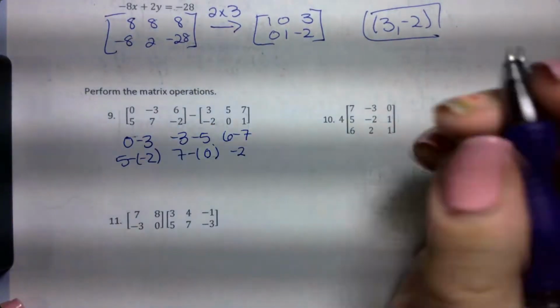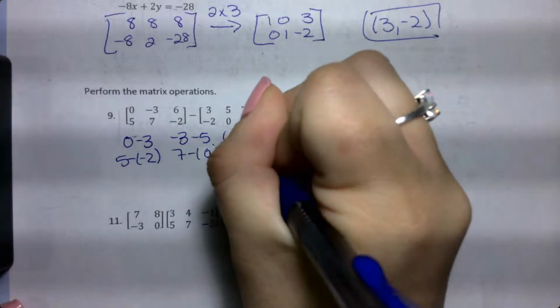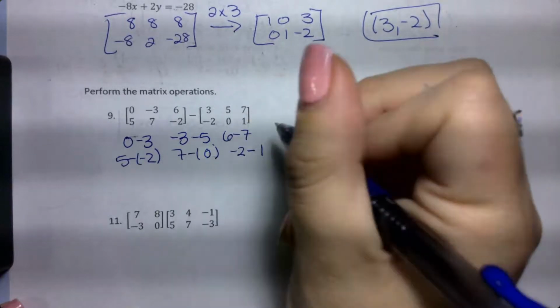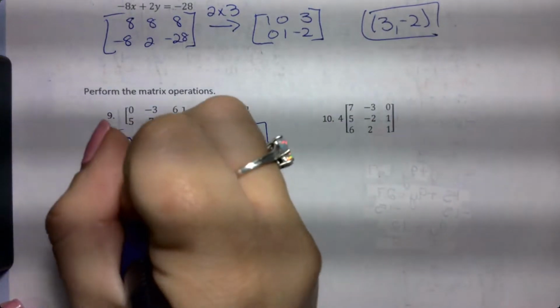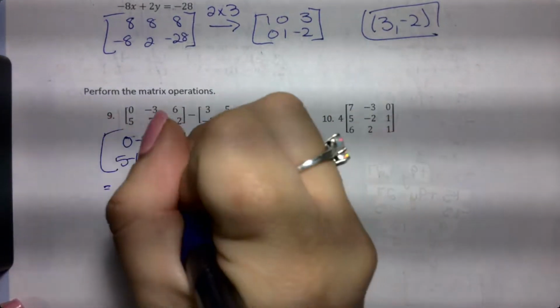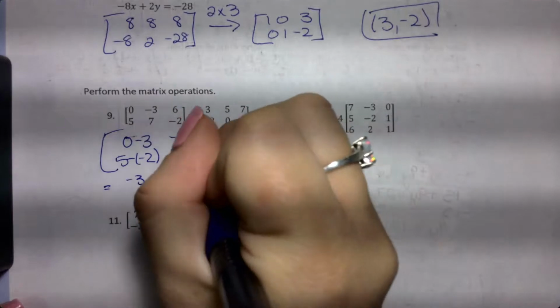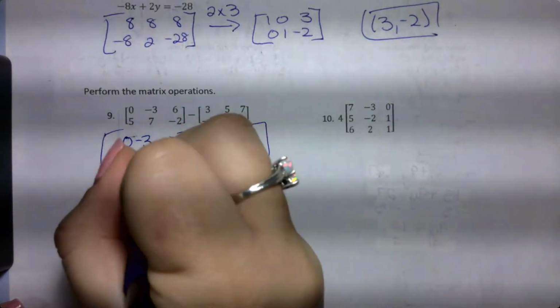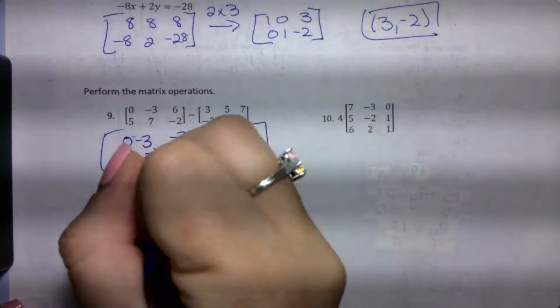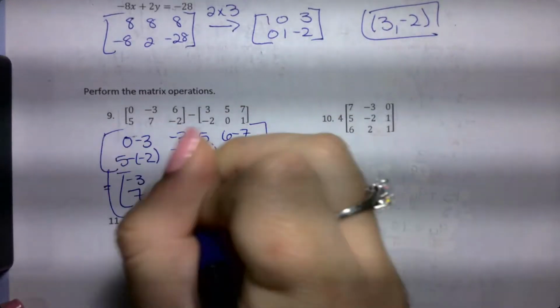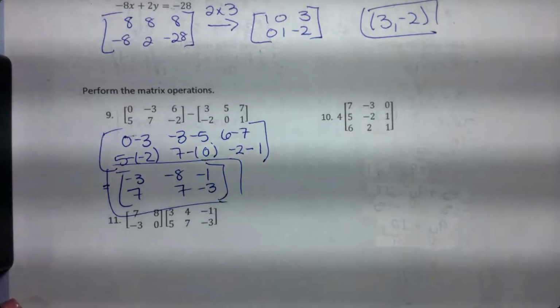My last point is negative 2 minus 1. Draw my brackets. Then I just want to combine like terms. This gives me negative 3, negative 8, negative 1, 7, 7, negative 3. So this is my subtracted matrix.